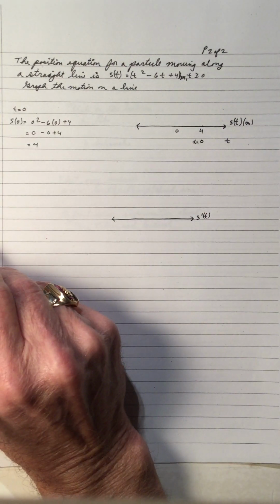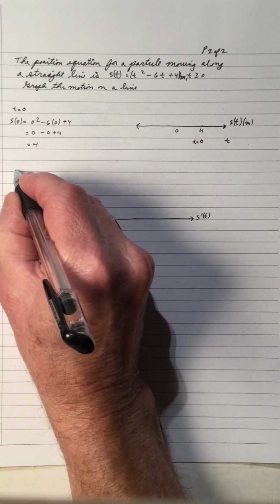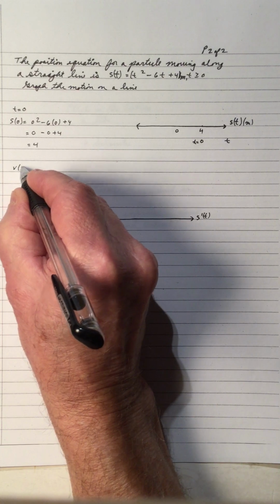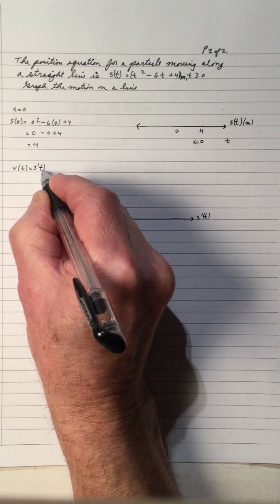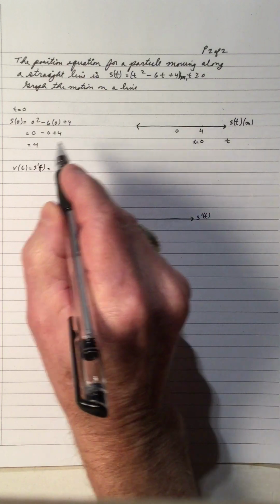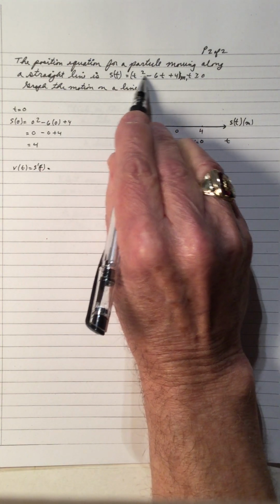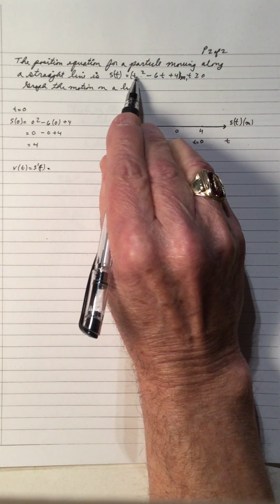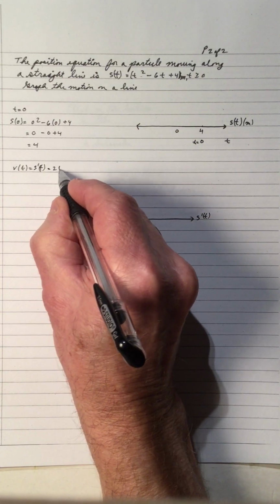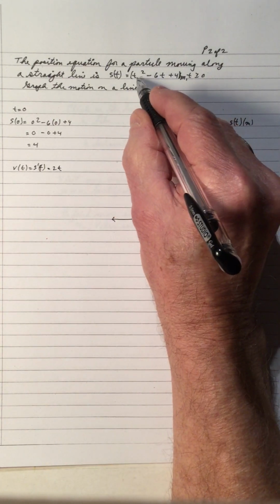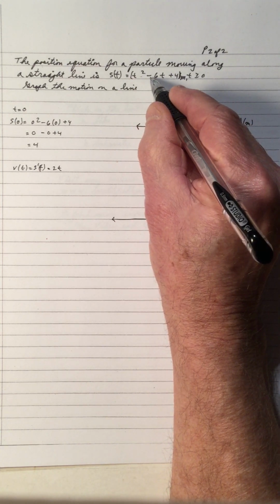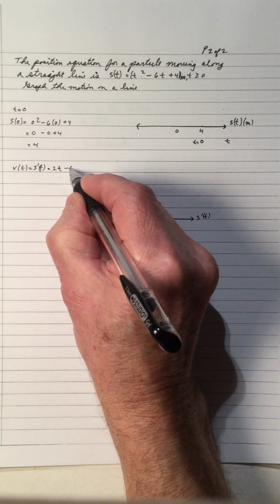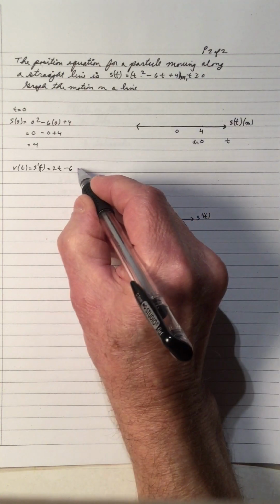Now, to find how the object is moving, let's find the velocity, which is s prime. The derivative of t squared is 2t, the derivative of negative 6t is negative 6, and the derivative of 4 is 0.